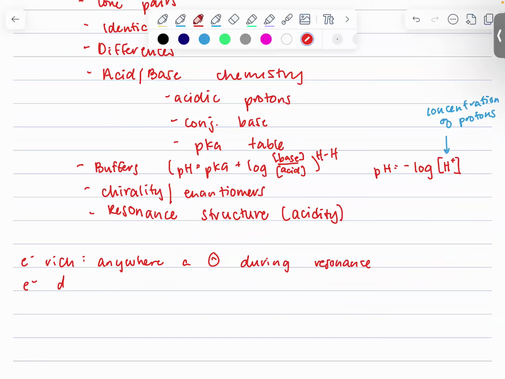And electron deficient is the same, but with positive charges. Also, if anything is unclear up there, just let me know and I can rewrite it neater or zoom in or make it a different color.